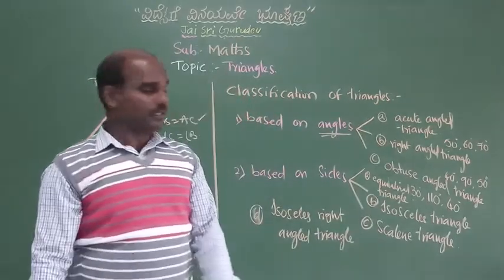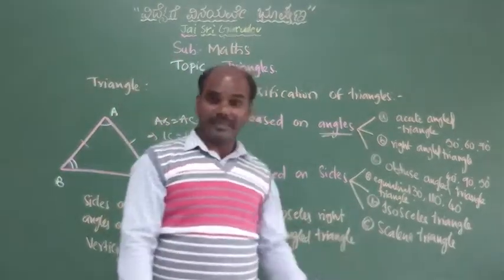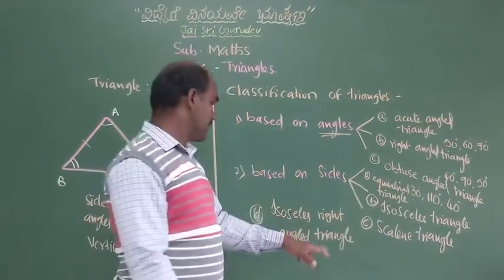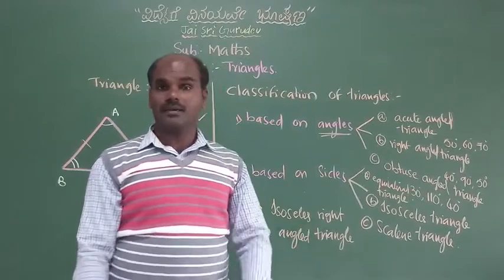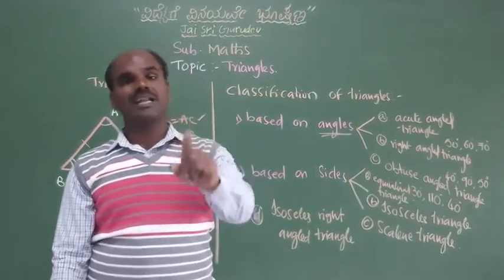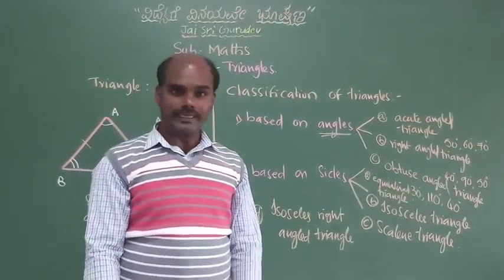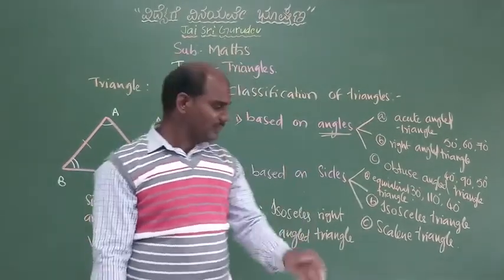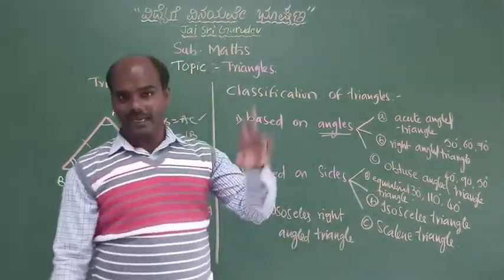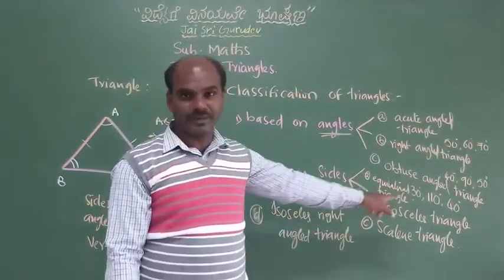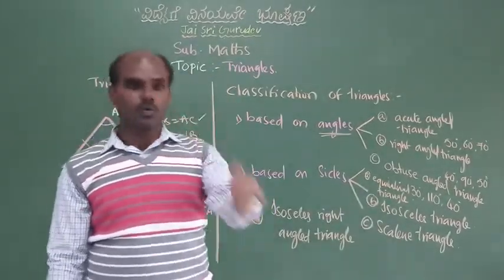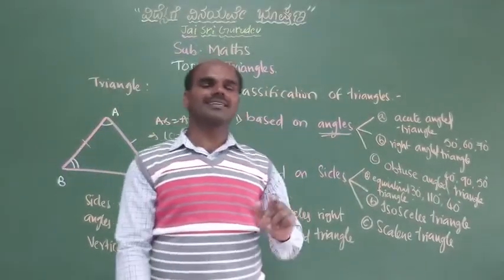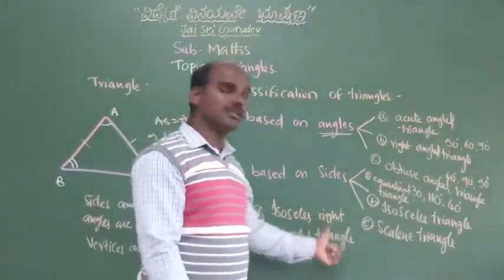Isosceles means two sides are equal, yes or no, children? And a right angle triangle has one angle of 90 degrees. Right angle is based on the angles, and isosceles is based on the sides. Both types are mixed in only one triangle, which is called an isosceles right angle triangle.